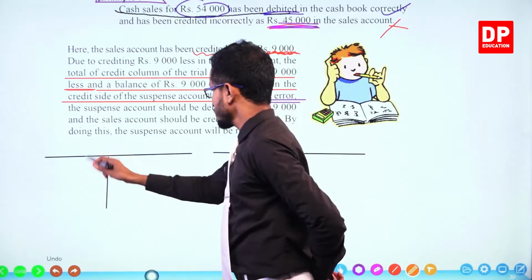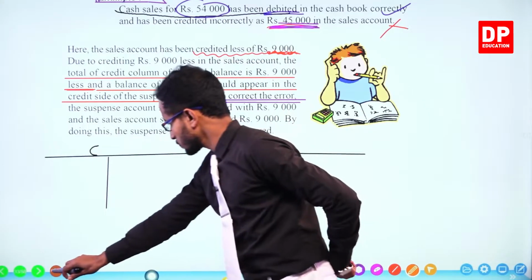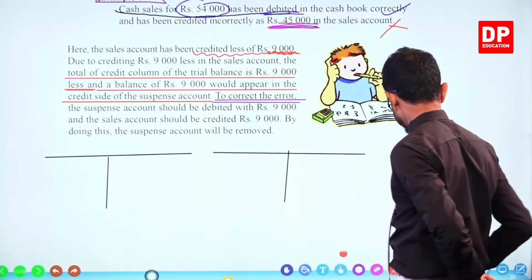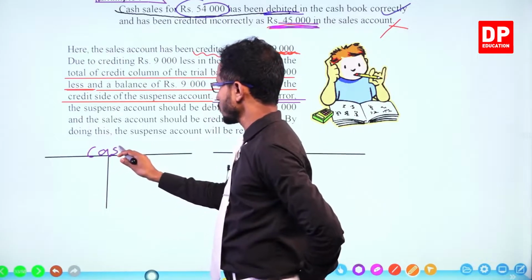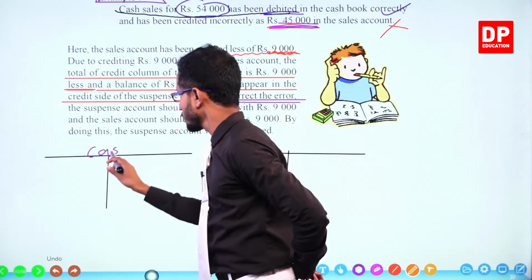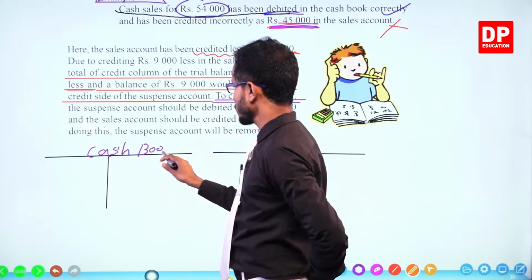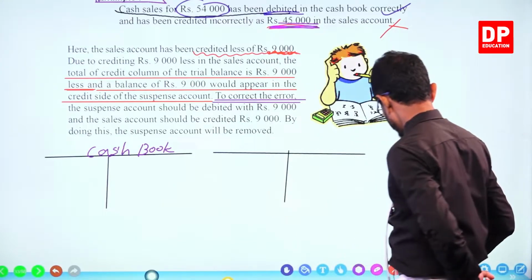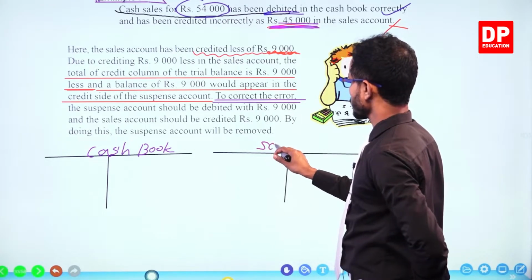Let's see. This is the cash book, or cash account. The second entry of the double entry goes to the sales account.